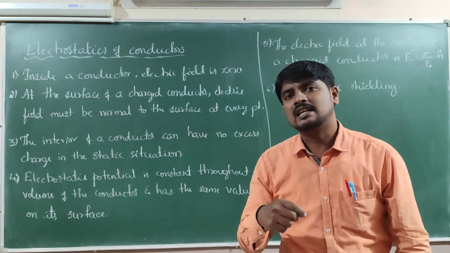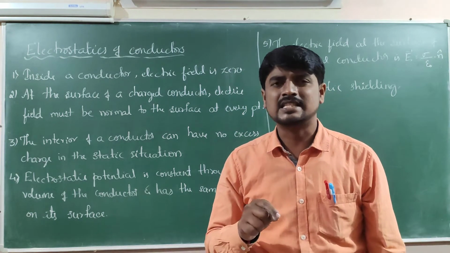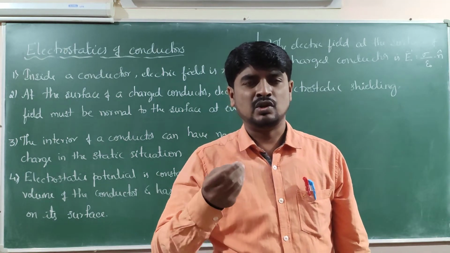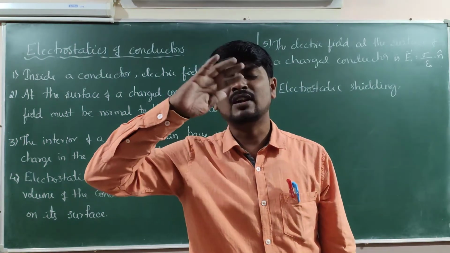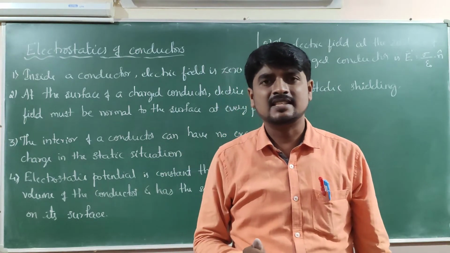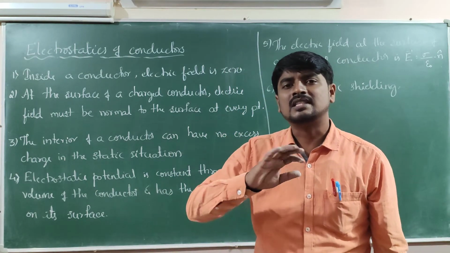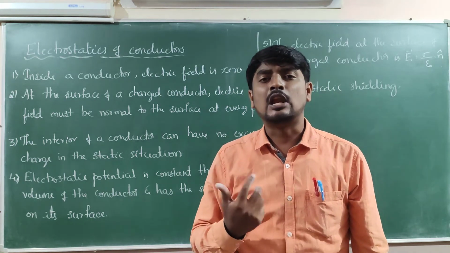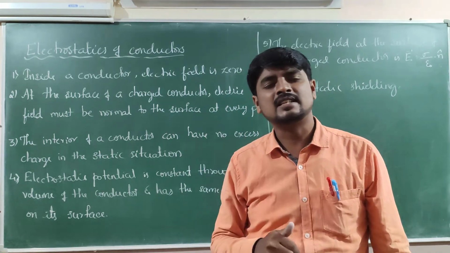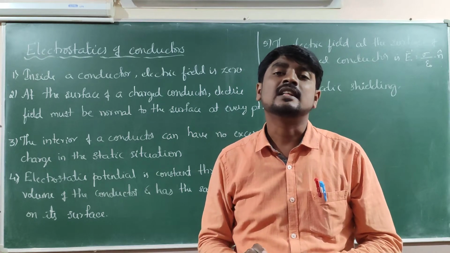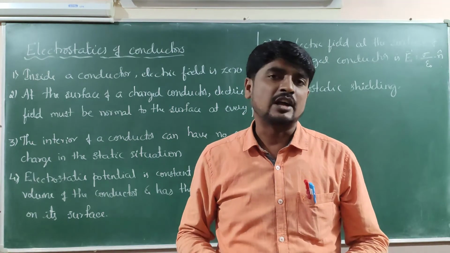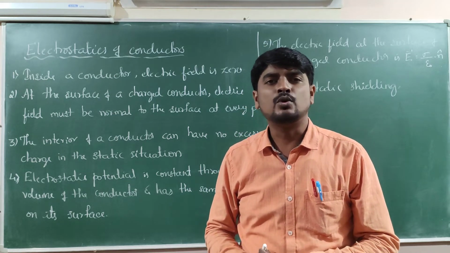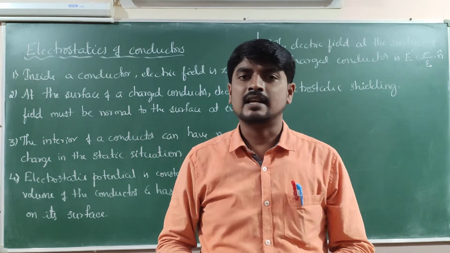Suppose there is a charge inside the conductor, then it will influence the charges residing on the surface. As a result, the electrons on the surface will experience an electrostatic force due to the inside charge, hence they drift. But actually it is not possible, because in the static situation we don't have any charges inside the conductor.